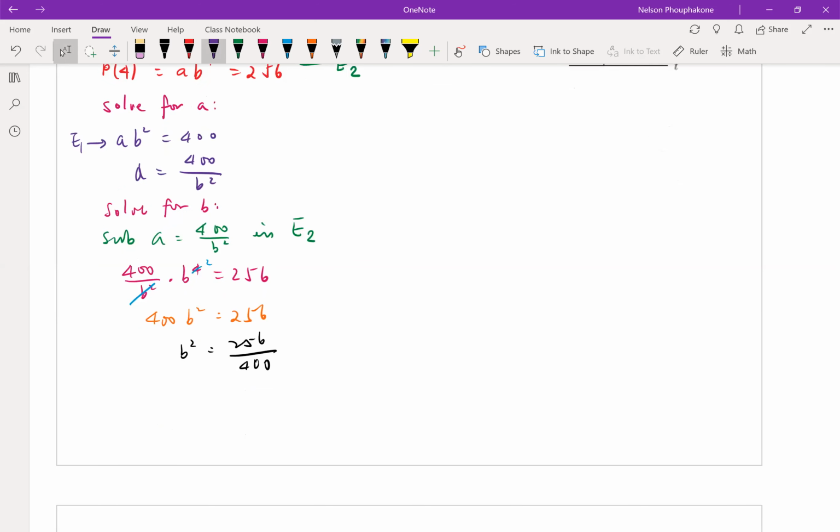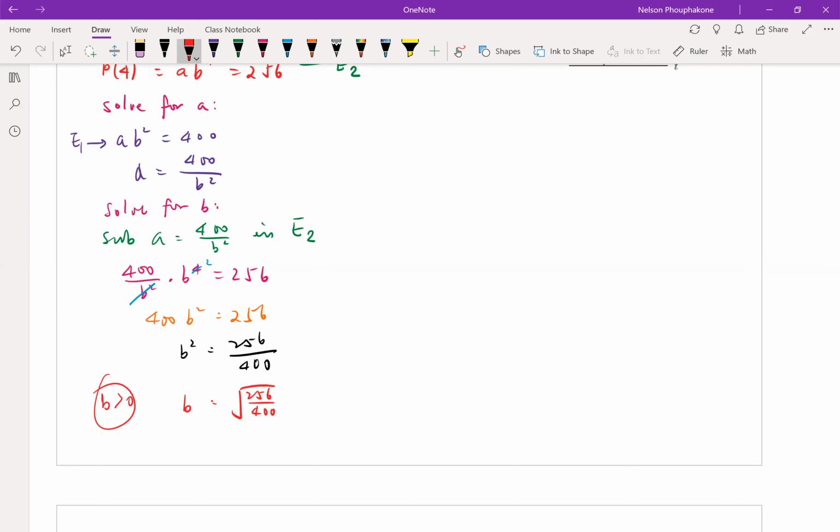And now we could take the square root of both sides of the equation. Okay. Now, one thing about this is if you take the square root of both sides of the equation, you should have plus or minus. But remember, b is always greater than 0. Okay. So therefore, in this case, I don't need to put plus or minus here.